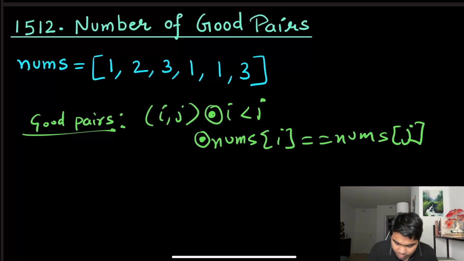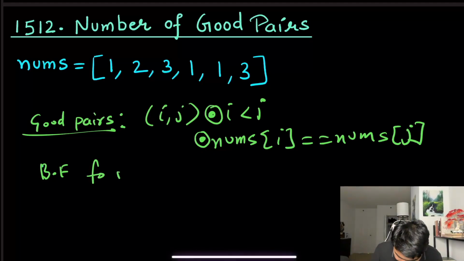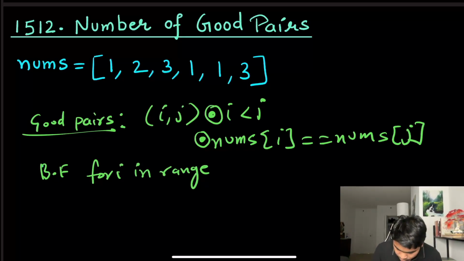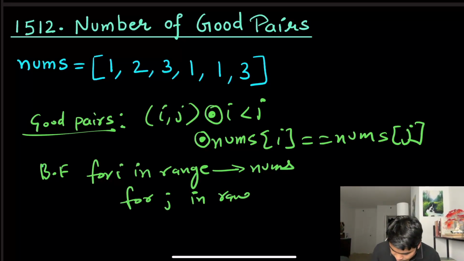Well, since it's about finding pairs, for brute force I would iterate over this twice for each element. So I'll have for i in range of nums, and then for j in range, you start at i plus 1 because you don't want to include i, and go until the length of nums.